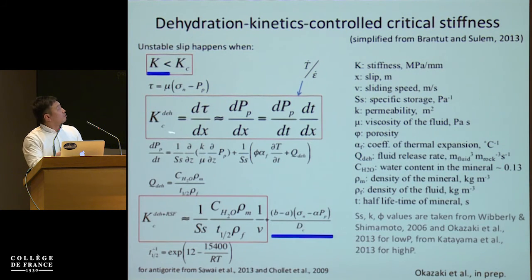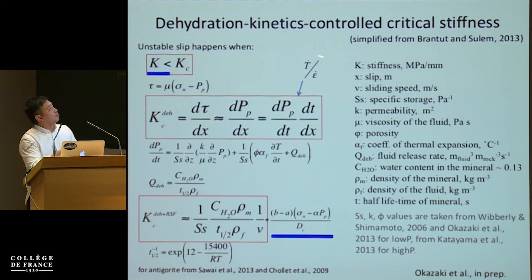If dehydration weakening controls this situation, we can write this kind of equation. What happens is that the shear strength drop over displacement is a function of the pore pressure build-up rate, dp/dt over dx. This is the inverse of sliding speed, right?